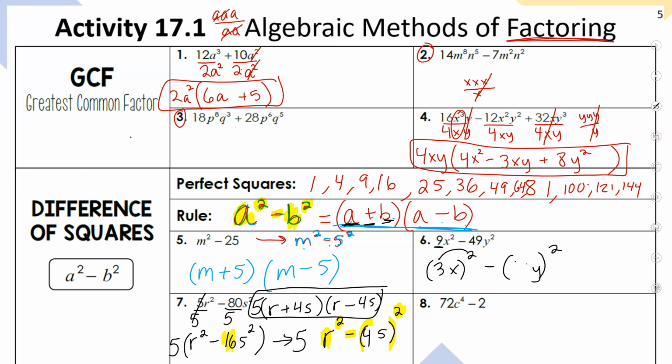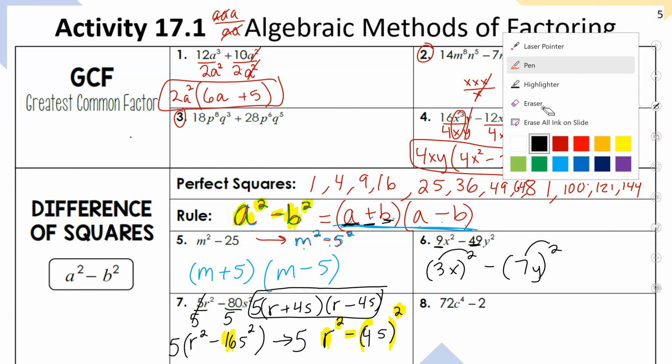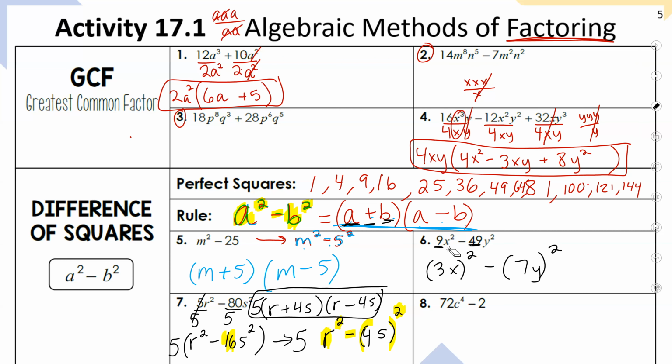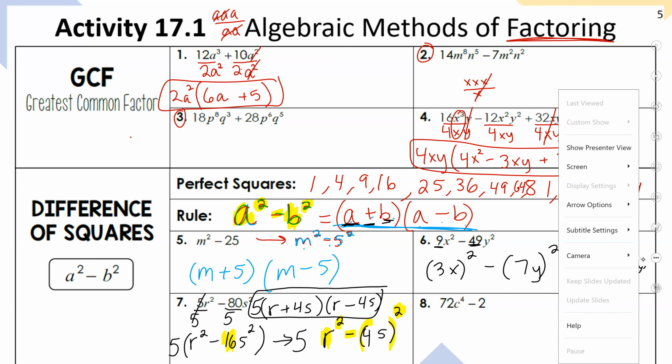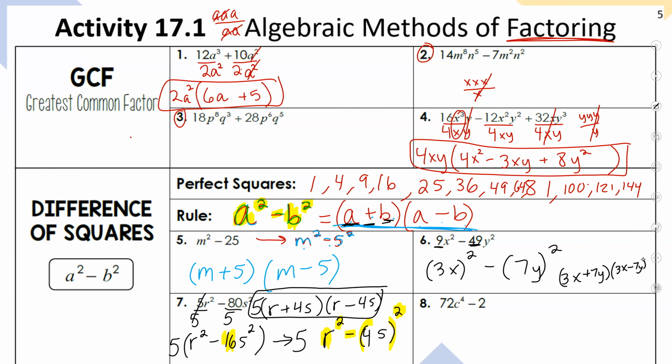And this would be a 7, because 7 squared would give you the 49. So we just rewrote the problem. Now I can use the formula. You want A plus B, so that'll be 3x plus 7y times 3x minus 7y. That's the answer to number 6.